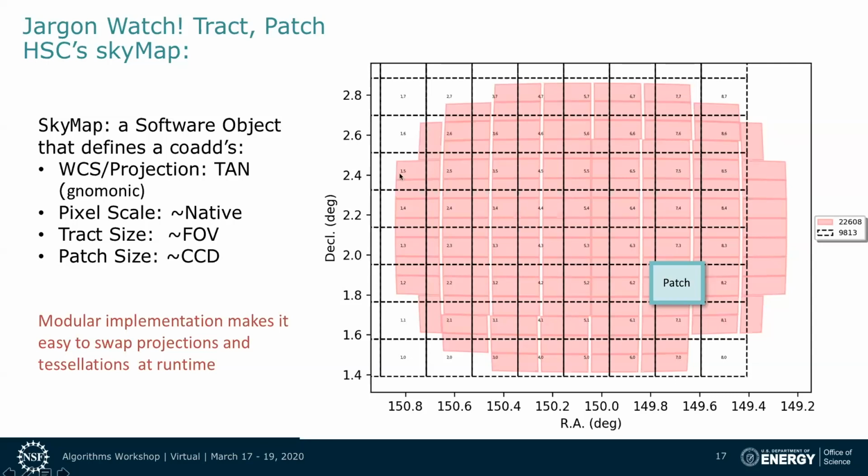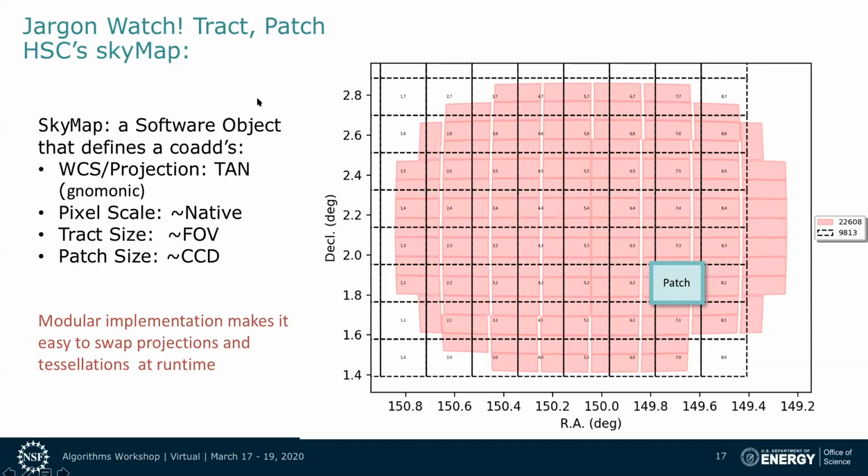So on the right-hand side here is an example of an HSC tract. The tract is split into 9 patches in the X direction, 9 patches in the Y direction. They are 4K by 4K pixels wide and high. The red boxes behind are a field of view, a single visit, for comparison purposes.